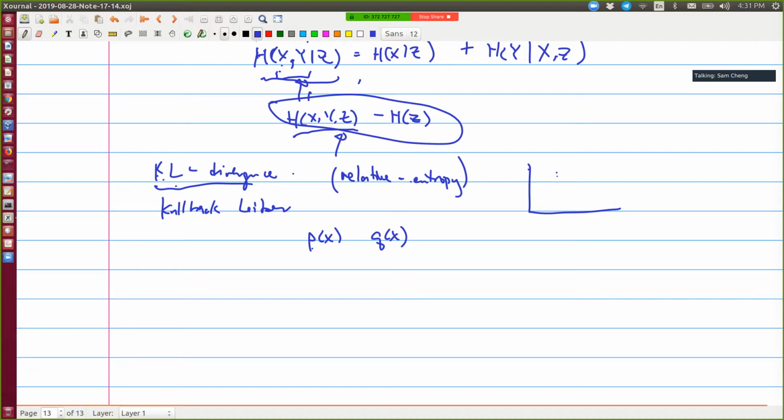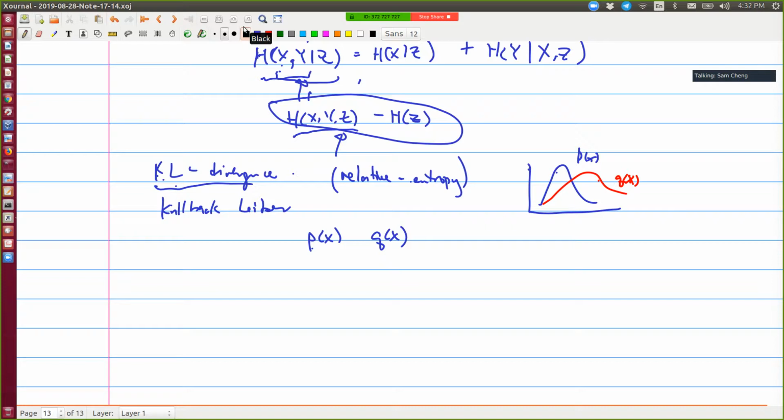Let's say I have two distributions, this is P(x), and then another distribution, Q(x) here. I want to measure how different these two distributions are. Some possible measure can be just the squared difference and so on.